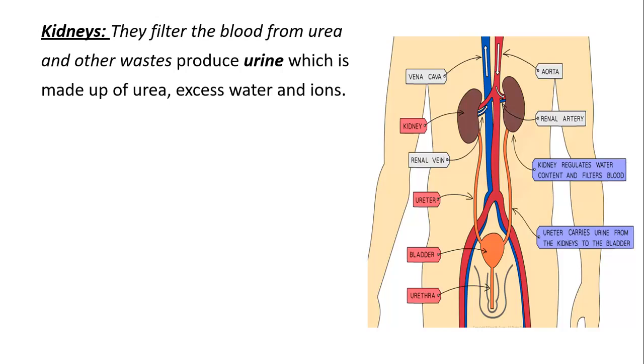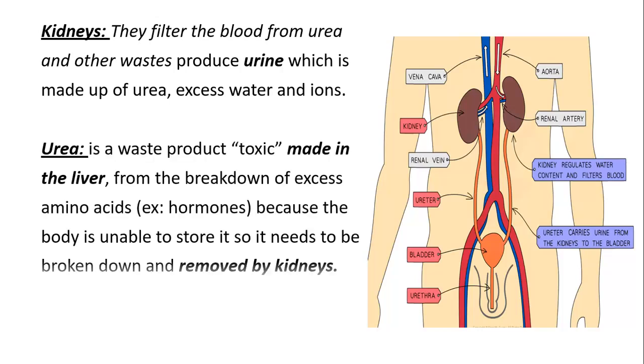So what are the kidneys? Kidneys are the organs responsible for filtering the blood from urea. So they dispose of urea in the form of urine. They take this urea, excess water and ions, and they make the urine that will be excreted. So where is urea made?